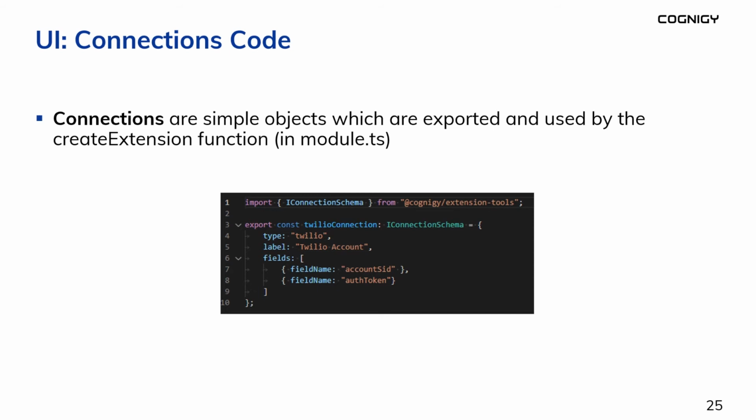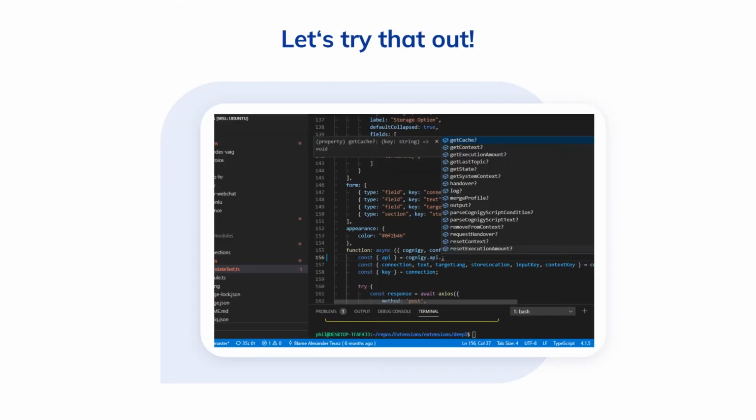So if you create a send SMS node, and through that you create your Twilio credentials connection, and then you put a place call node into your flow as well, this could reuse the already existing Twilio connection. And then connections have fields again, which show up in the connection editor. So let's take a look at that in Visual Studio Code.